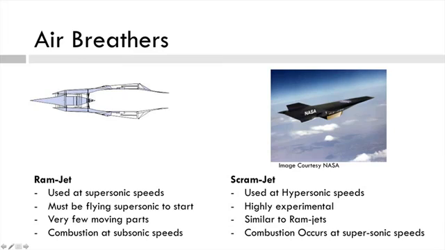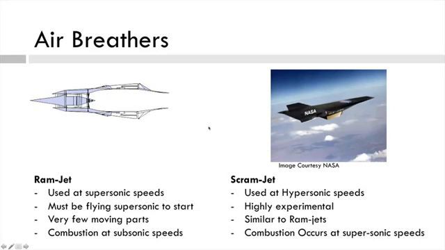They have very few moving parts because they use this to compress the air, then they just burn it in here and exhaust it. Combustion in these takes place at subsonic speeds, so faster than the speed of sound coming in and it slows down, and then in here it's going less than the speed of sound, and then it gets exhausted at faster than the speed of sound again.